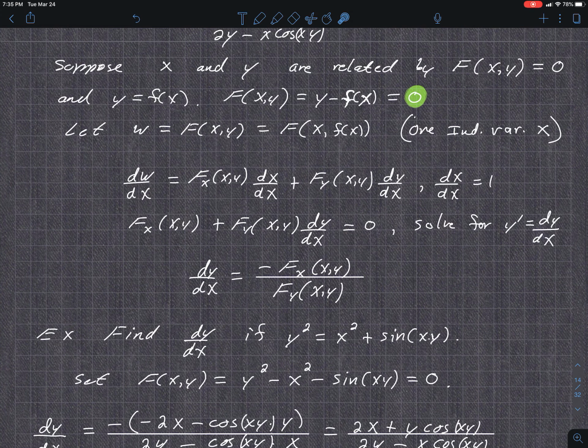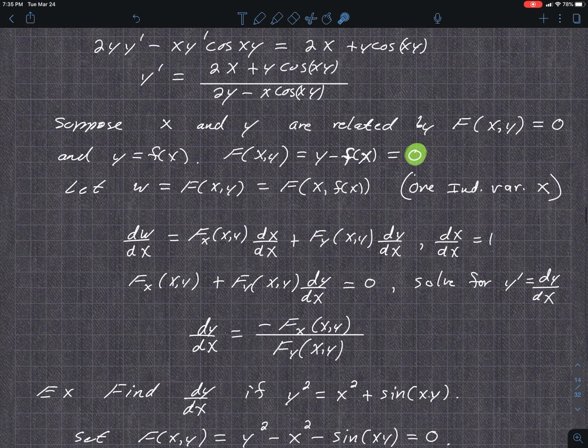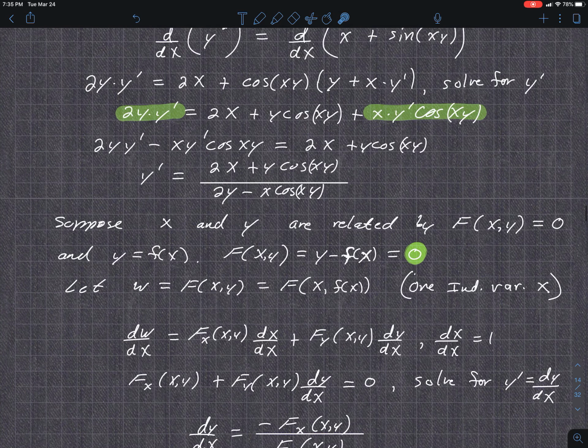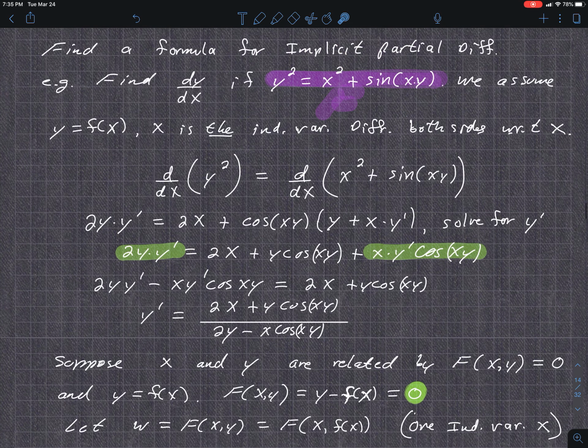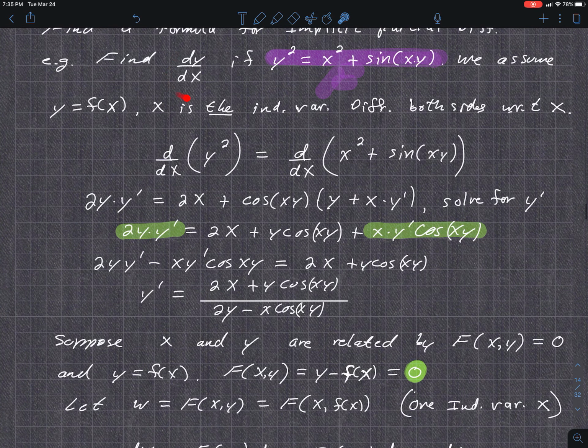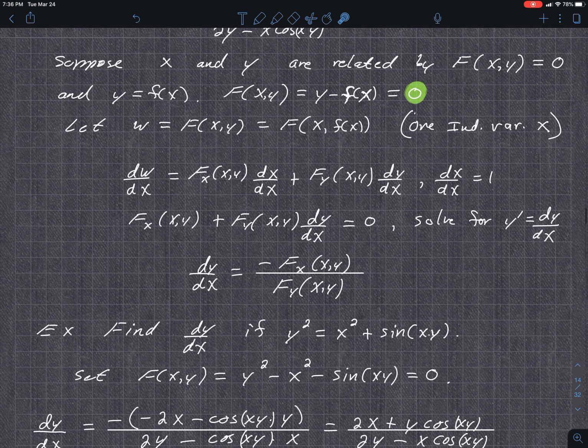possibly. This was the implicit formula. So here, find dy/dx of this, so you have to do that implicitly. So you differentiate, so it takes all this work. And then right here, we defined the formula for it and applied it. So you don't really have to know the formula.